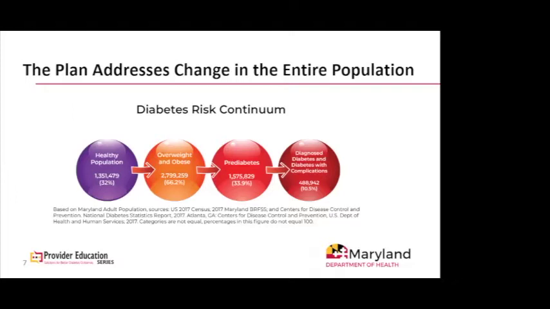Another example of upstream action for healthcare provider teams and health systems is to identify food insecurity and address it, not just as a short-term fix, but as a possible pervasive long-term problem that can heavily impact not just the diabetes, but all the other chronic health conditions the person or family may be facing.